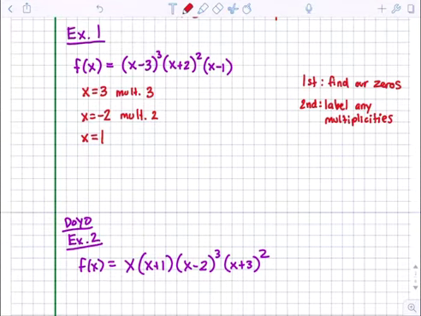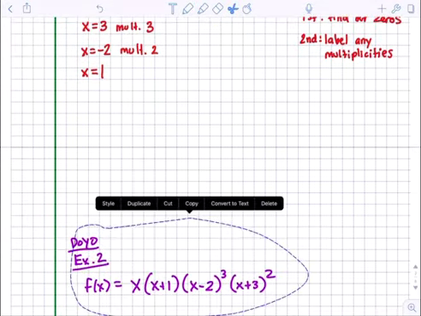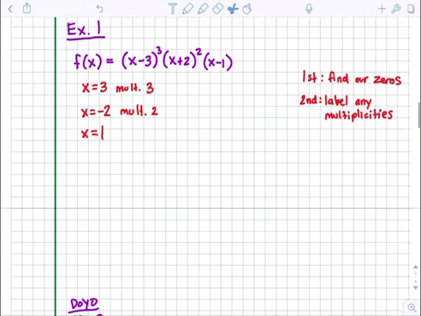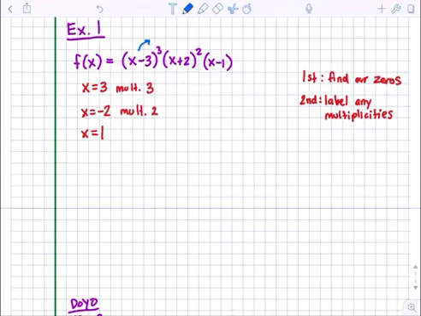And now let's look at the end behavior of this function. So when you guys find the end behavior, we have to know what is the highest degree. Well, the highest degree of that one is going to be 3. The highest degree of this one's going to be 2, and the highest degree of this one is going to be 1.